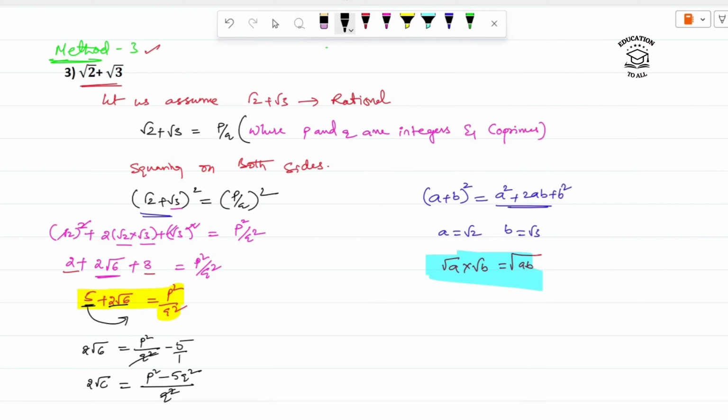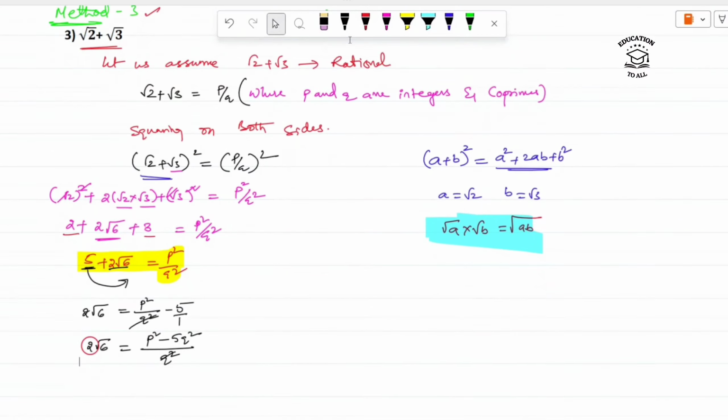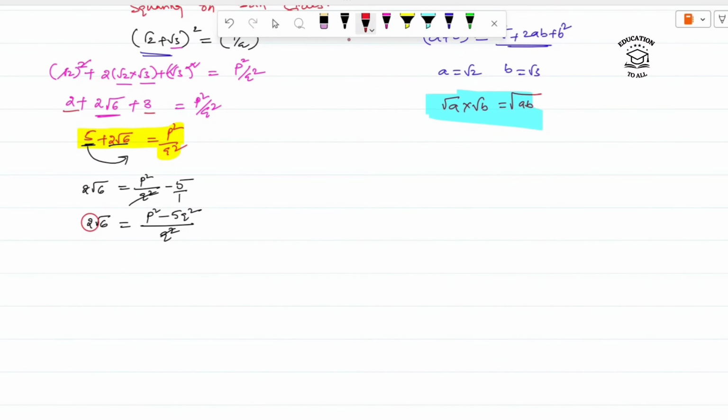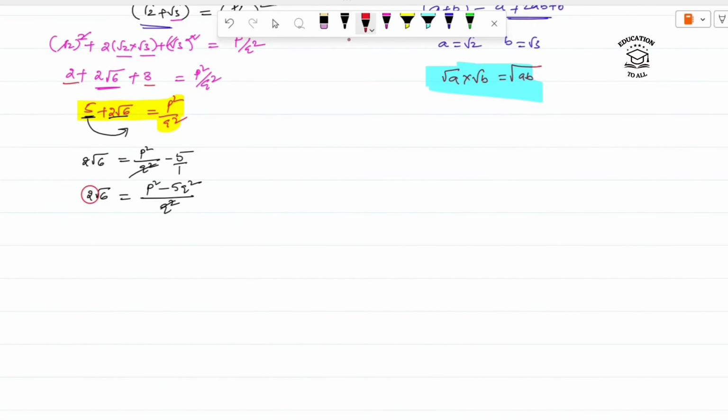And 2 root 6 is there in the left hand side? Of course, yes, 2 is there. So 2 is also sent to the opposite side, it becomes root 6 is equal to p square minus 5q square by 2q square, the 2 multiplying and sent to the opposite side, it divides q square. So that's all.